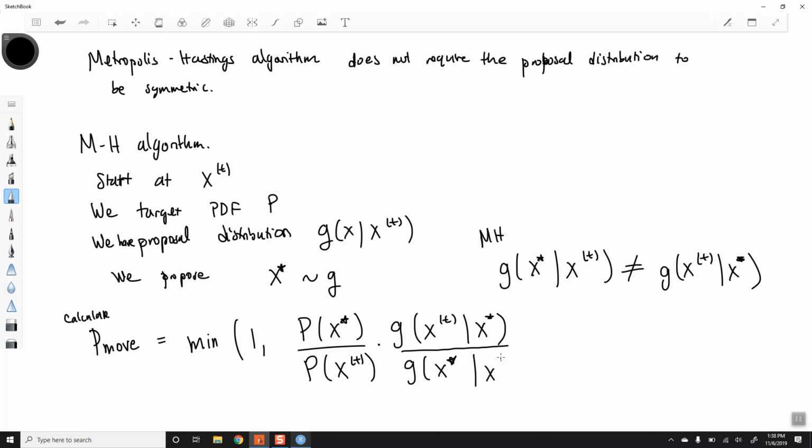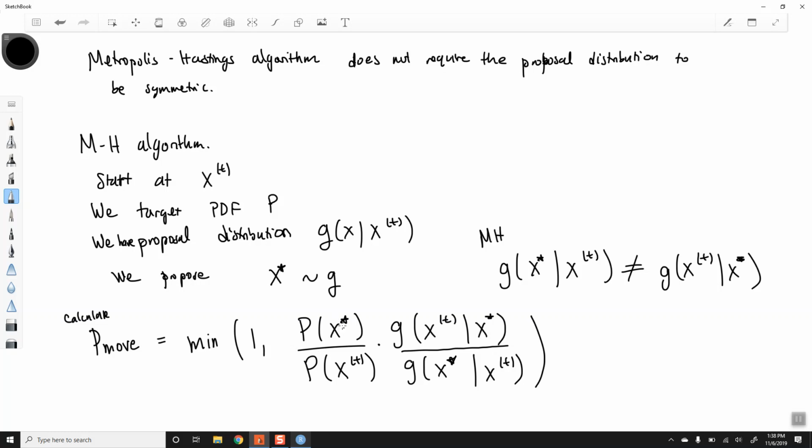So we will go there based on proposed divided by current, but that ratio is weighted by the relative probabilities of how likely you are to propose this value in one direction versus the other direction.